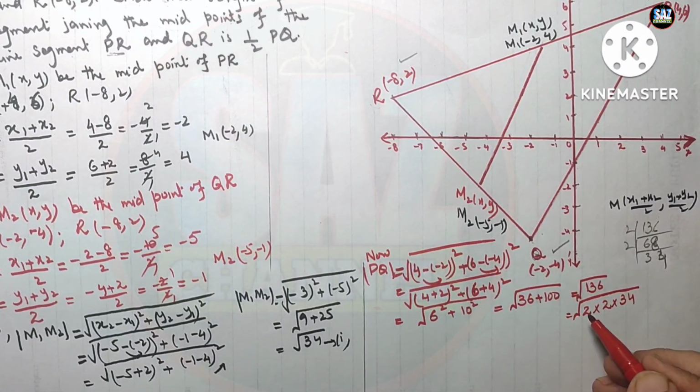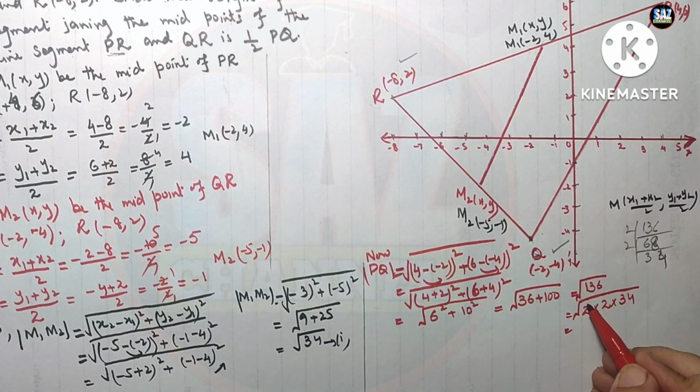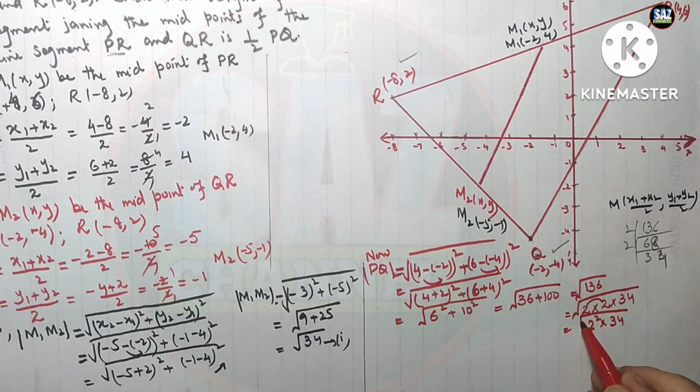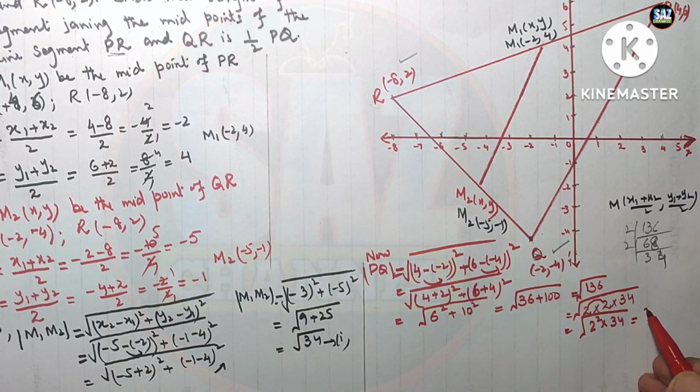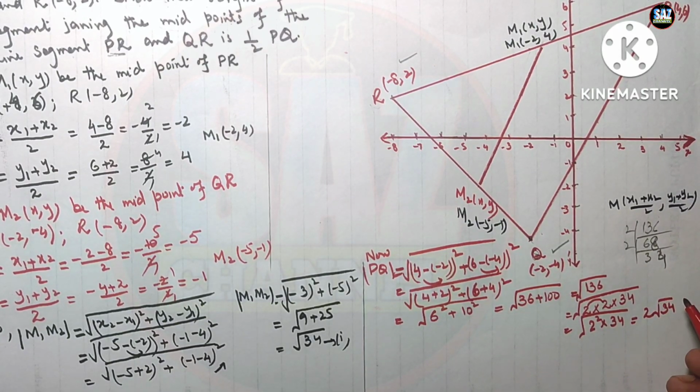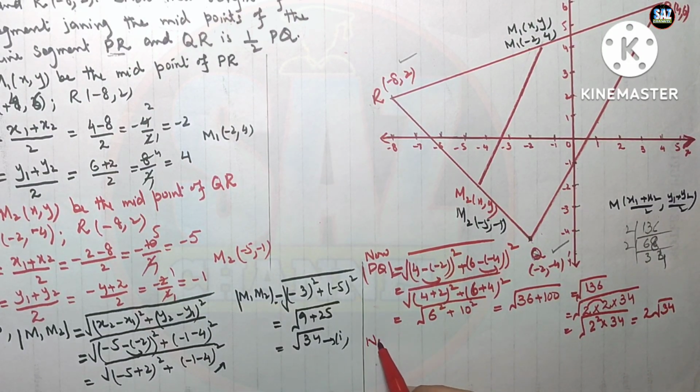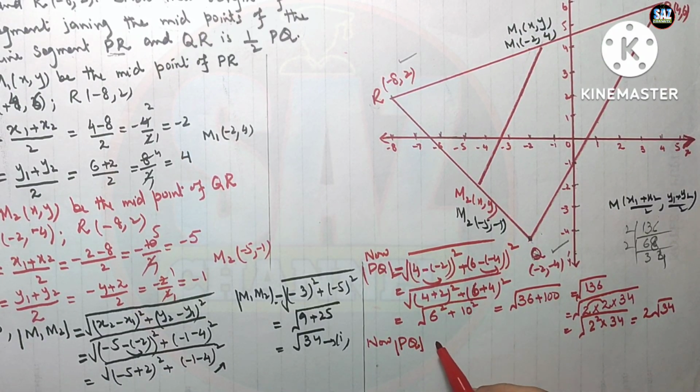This is really important. Observe it carefully. Now here we have 2 coming 2 times, 2 square multiplied by square root 34. From this, I can take 2 outside, and it is 2 square root 34. Now see that the answer of PQ is what? If I multiply the M1 M2 distance by 2, then I can get the answer of PQ.